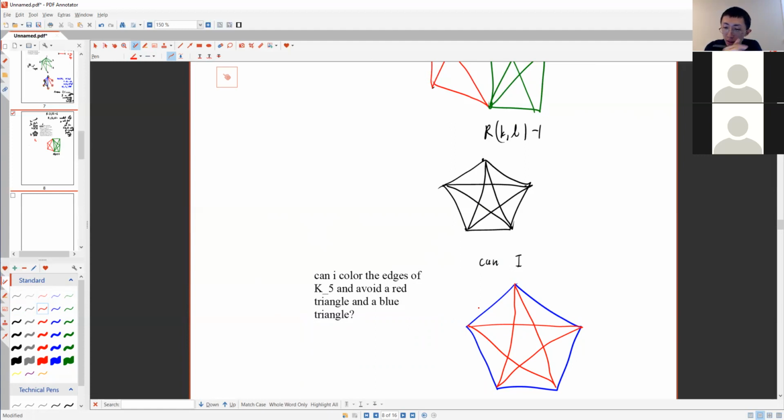Yeah, there's none, right? Because this is just a pentagon, and these crossings aren't vertices. They just happen to cross, but they're not vertices. So yeah, there are no red or blue triangles.